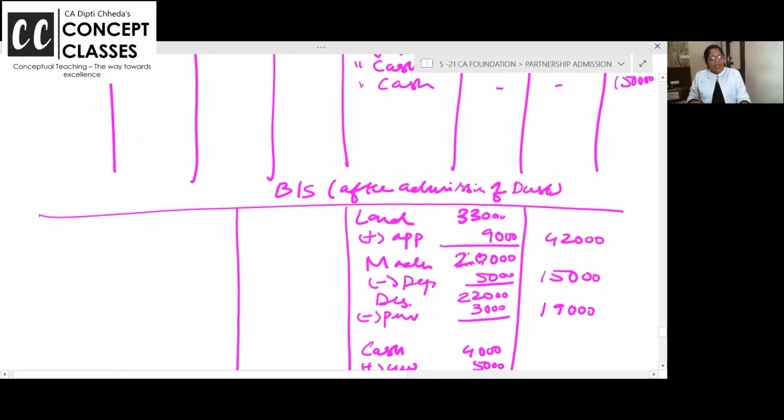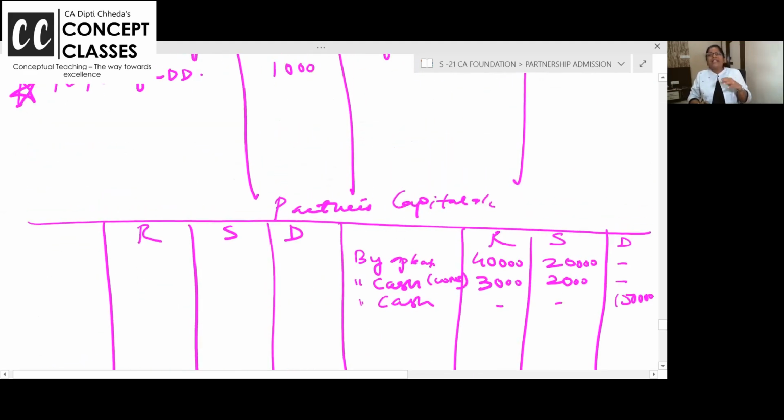Chalo, next. Another provision for probable damages. You're doubting that some damages will be there, no? Please let us make a provision. So can I say by making a provision for damages, you are increasing the liability? By how much? 1,300. And what do you debit? Revaluation account debit, provision for damages.